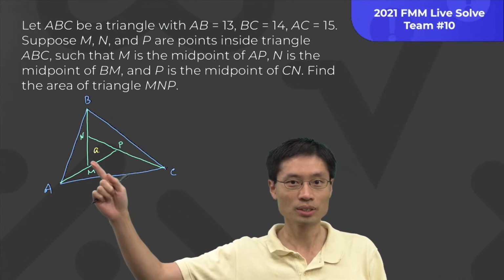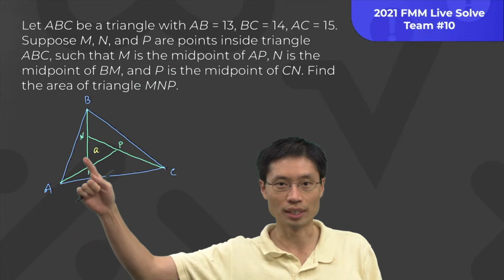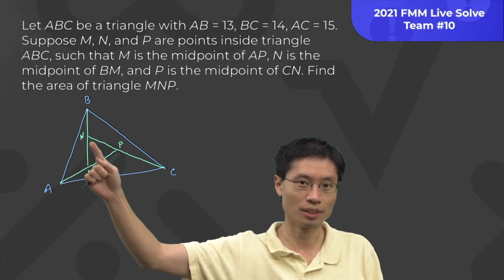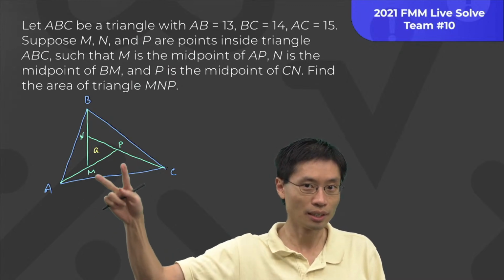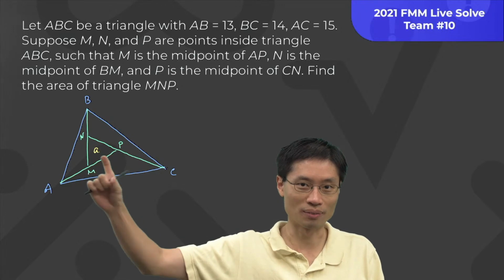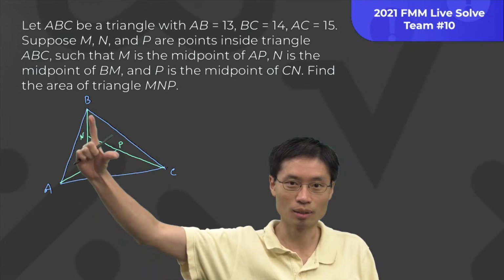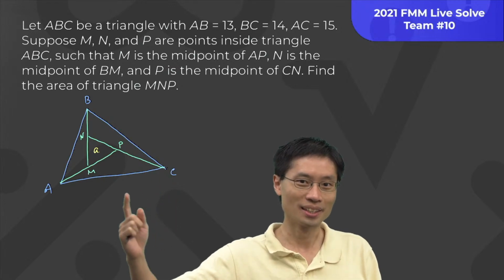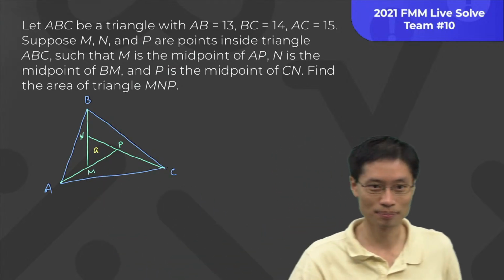I can. You see, let's look at this other triangle over here, AMB, and let's compare that to this triangle over here, which is MPN. They have the same base, but how do their heights compare? Well, that's the midpoint, right? So that means the height of the bigger one is twice the height of the smaller one. That means that this is 2A.